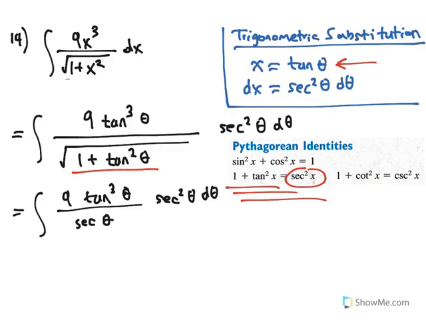The next thing that you can do is cancel the common factor of secant theta in the denominator with one factor of secant theta in the numerator. You can factor out the 9 from the integrand, and that would leave us with tangent cubed theta times secant theta d theta.